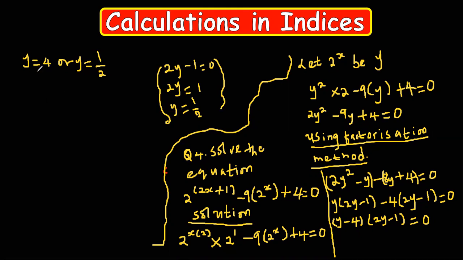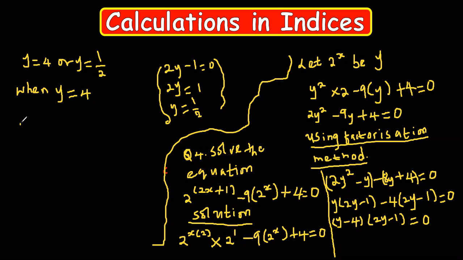Now that I've found the values of y, so we have 4 or half. We are going to say that when y is equal to 4, what is 2 to the power of x?